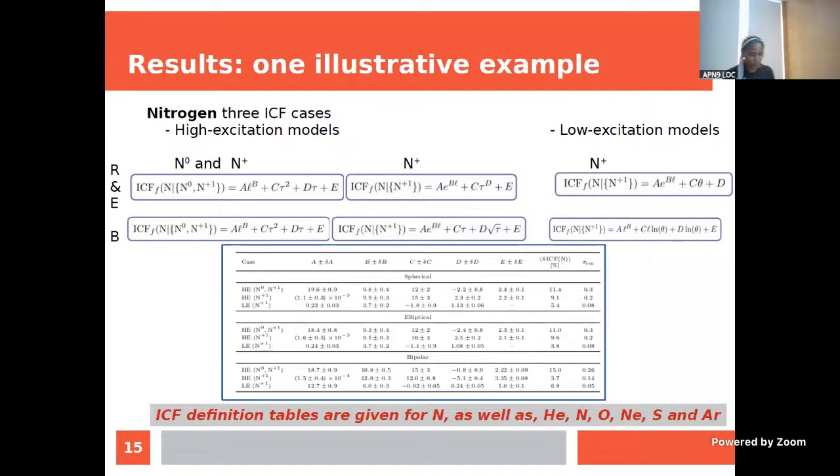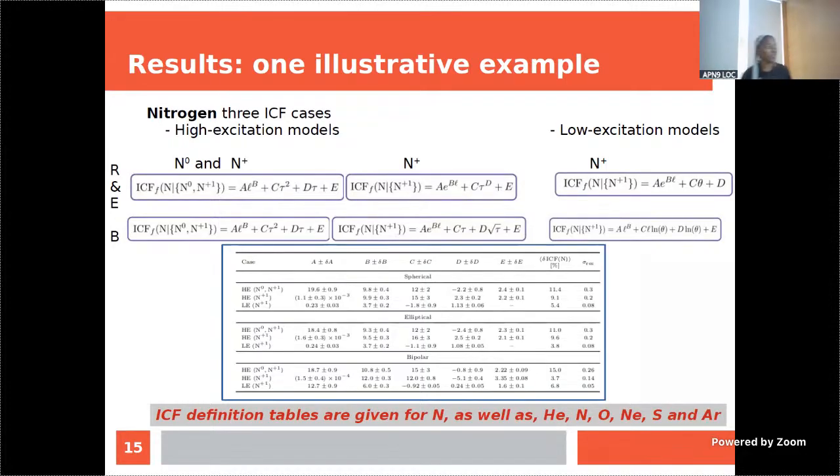So our results have this kind of definition. Here are all the definitions for nitrogen and all the values of the constants that go in these definitions, and also the uncertainty based on the models used to get these results.